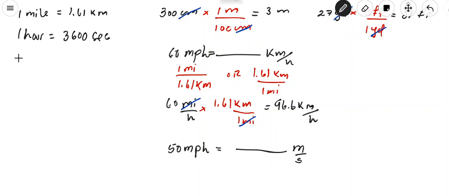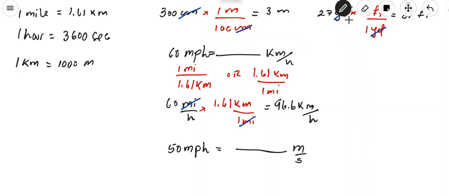I know that the prefix kilo means 10 to the third, so 1 kilometer is equal to 1,000 meters, right? Remember the prefixes that we have in the International System of Units. So I would make my conversion in this case in several steps, in more than one step.